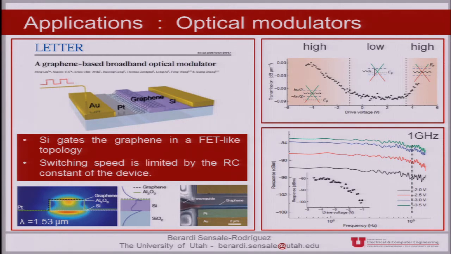Here, basically, we have silicon, aluminum oxide, and graphene. So this is kind of a FET-like structure. By applying voltage between the silicon and graphene, here there are two contacts, one can basically tune the Fermi level in graphene. And the idea is the following.